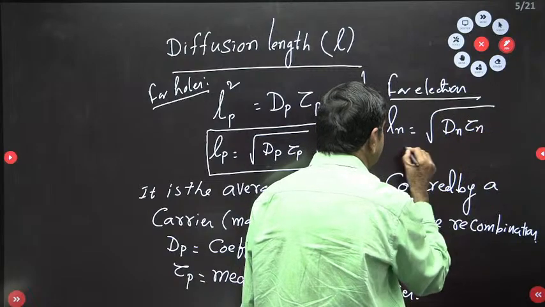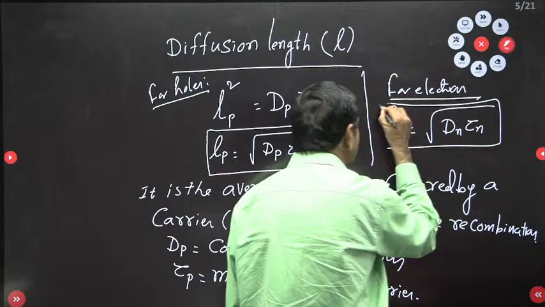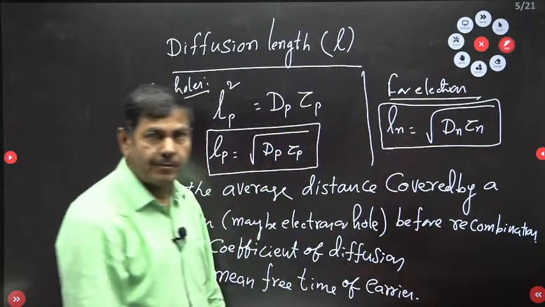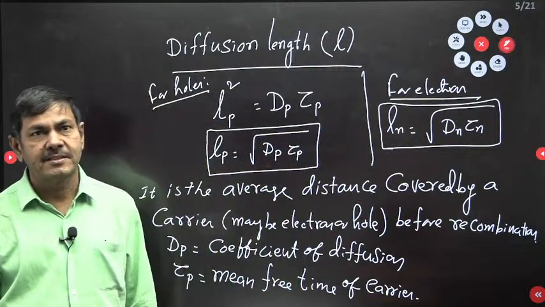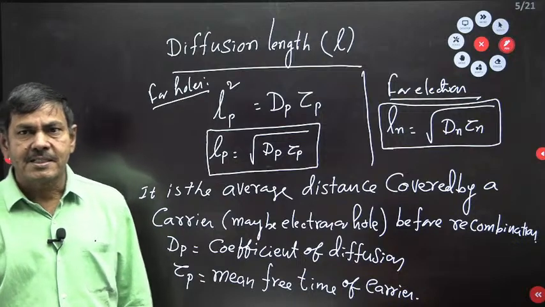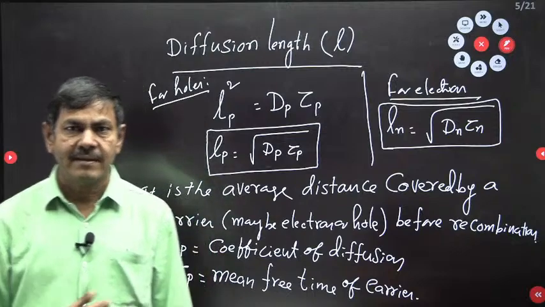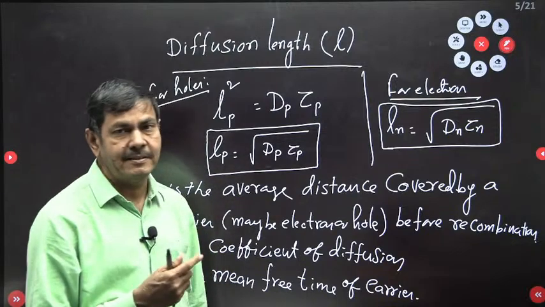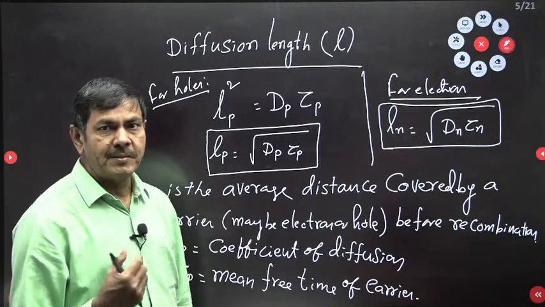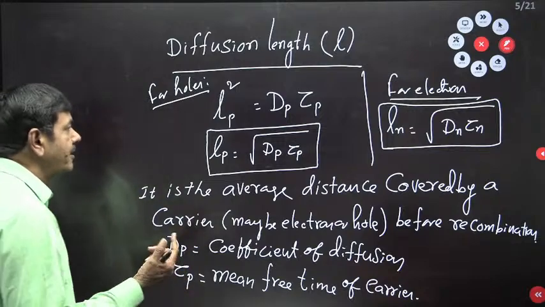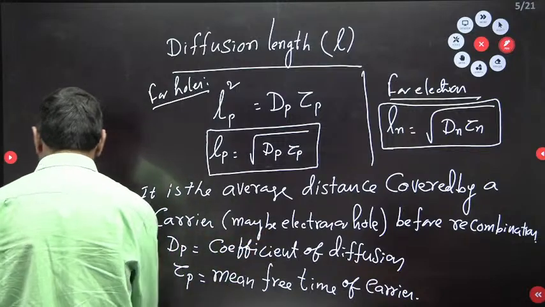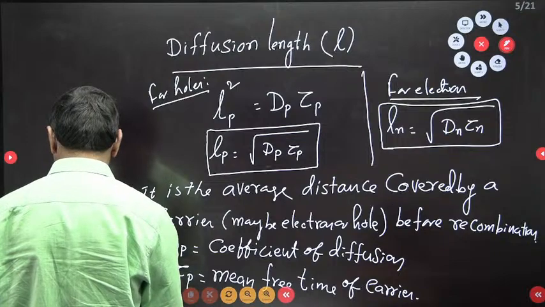You can use this formula. All these formulas are very, very important for doing any sort of questions. I will do a certain number of questions, GATE questions that I selected, using the semiconductor formulas I have given.